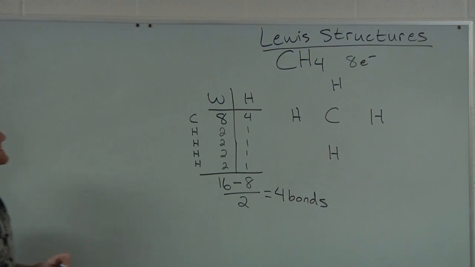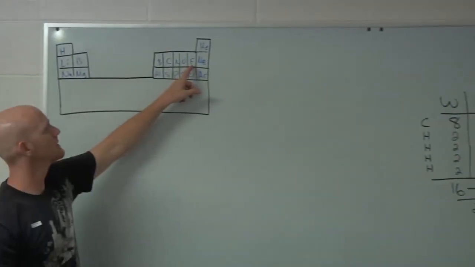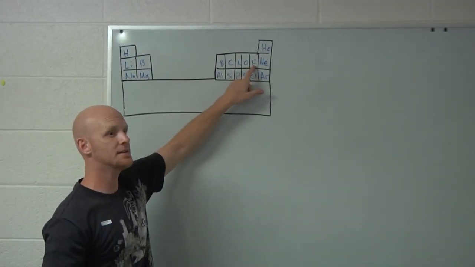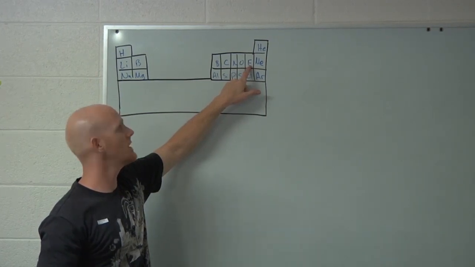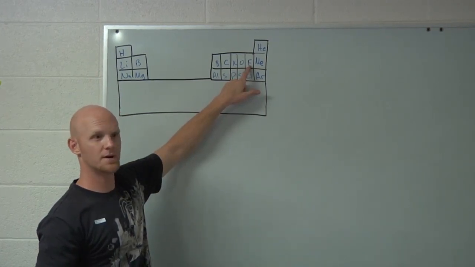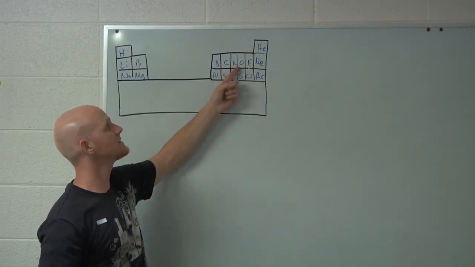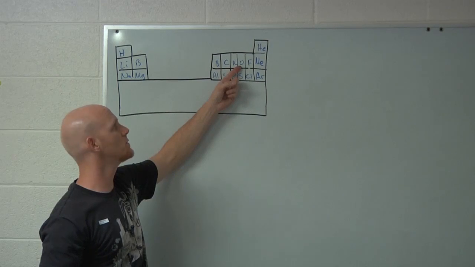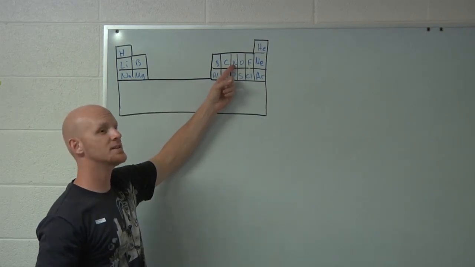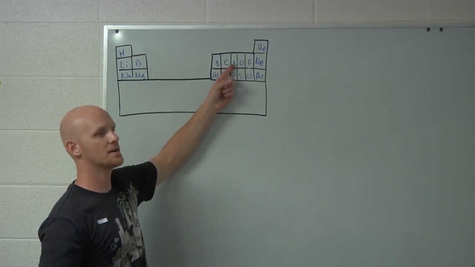How many more valence electrons does fluorine need to have a filled octet? 1. That's why fluorine typically makes 1 bond. How many more electrons does oxygen need to be happy? 2. So that's why oxygen typically makes 2 bonds. How many more electrons does nitrogen need to be happy? 3.